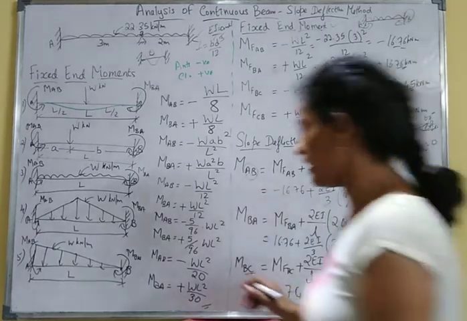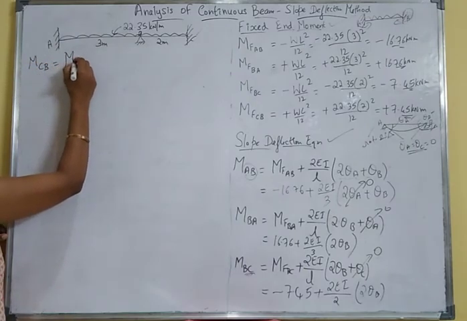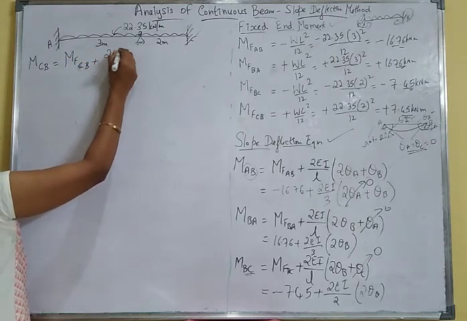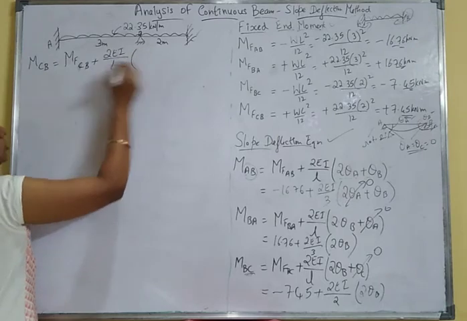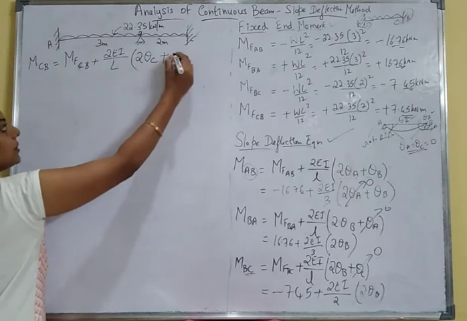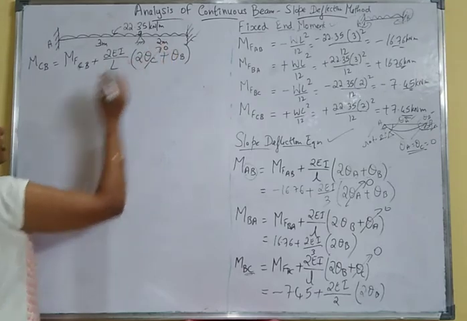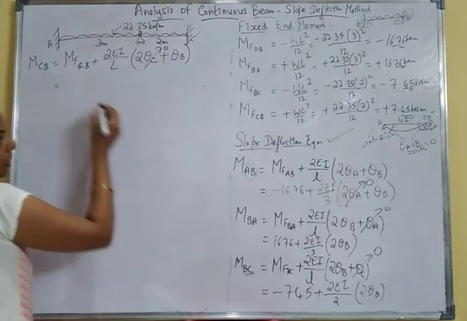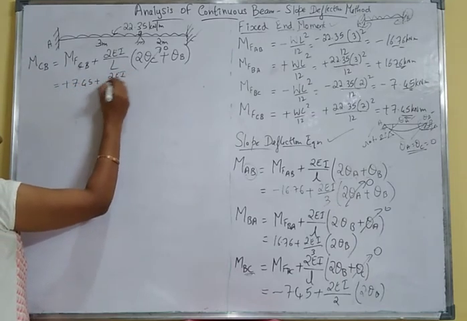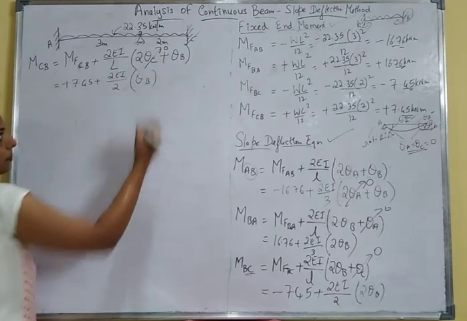Next we will see the last equation, that is MCB, the fixed end moment of CB plus 2EI by L into 2 times theta C plus theta B, that is 1 time theta B. Here theta C is 0, so you have the fixed end moment, plus 7.45, plus 2EI by the span length of 2 meter, plus theta C is 0, so you have just theta B.